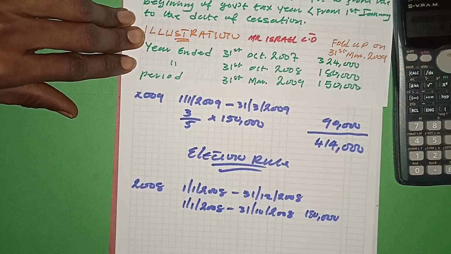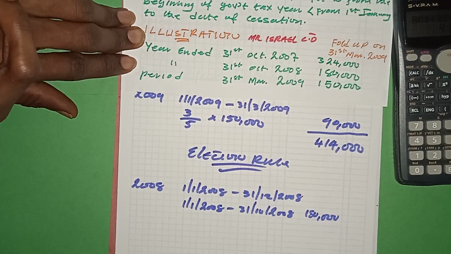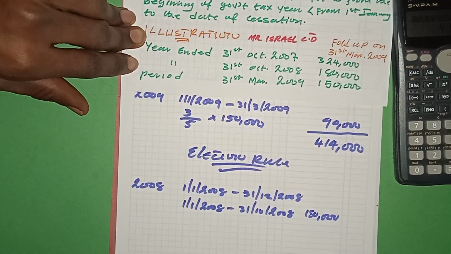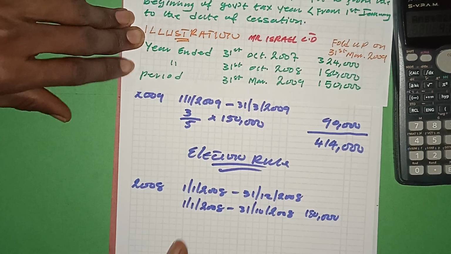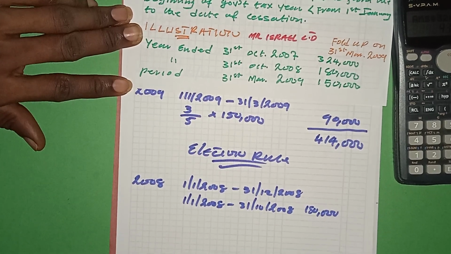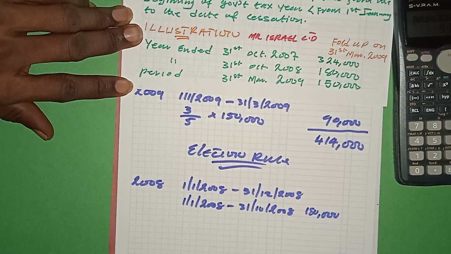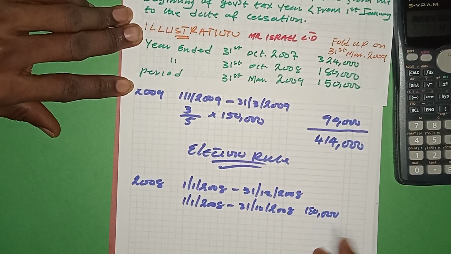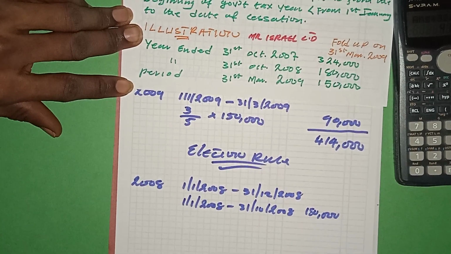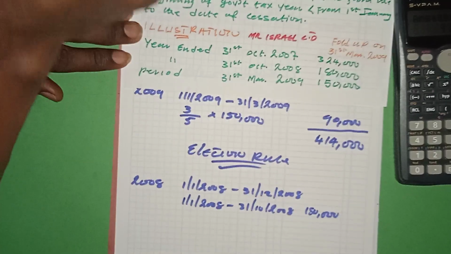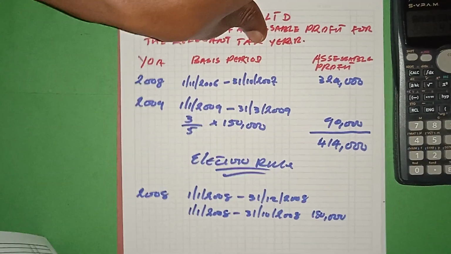You understand? Is it going to give us 180,000? No. This 180 here is wrong. I deliberately put it there. Now, what you will do is this.